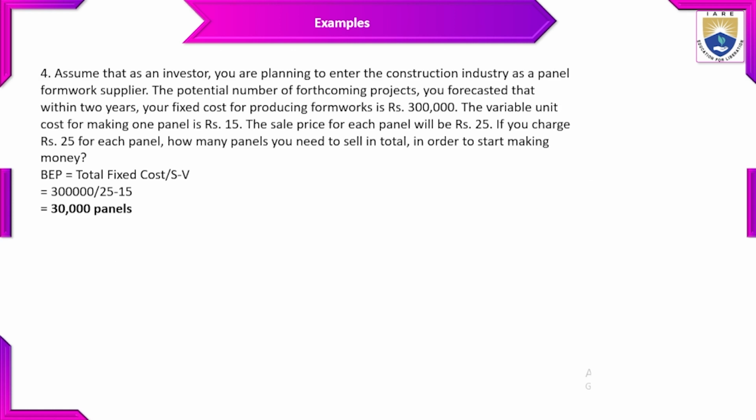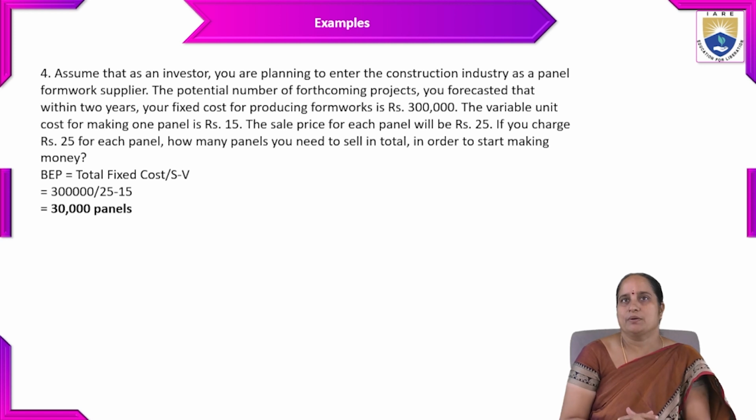So another example: assume that as an investor you are planning to enter the construction industry as a panel framework supplier. For the potential number of forthcoming projects you forecasted within 2 years, your fixed cost for producing framework is 3 lakhs rupees. The variable unit cost for making one panel is 15 rupees. The sale price for each panel will be 25 rupees.